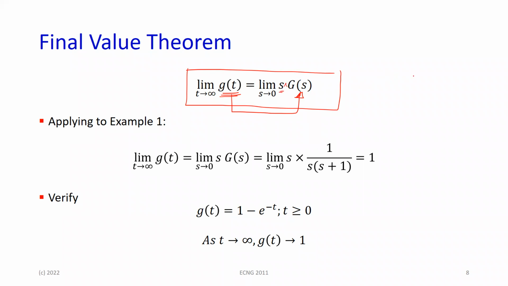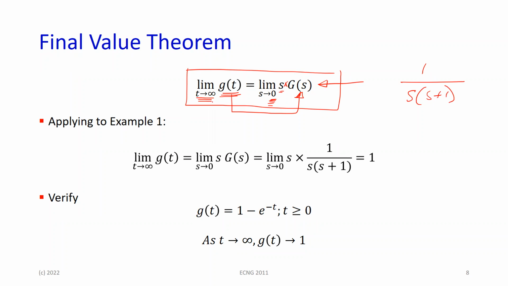You have to remember this little bit: you take the limit of sG(s) as s goes to 0, as s goes to 0, notice that, right? So that's a sort of dual behavior here. As t goes to infinity in time, the behavior in the Laplace domain is s going to 0 of s times G(s). Okay, that is a statement of the final value theorem, and this here will give us the final value of the system. So, for instance, we had one which is 1 over s(s+1), right? That is G(s).